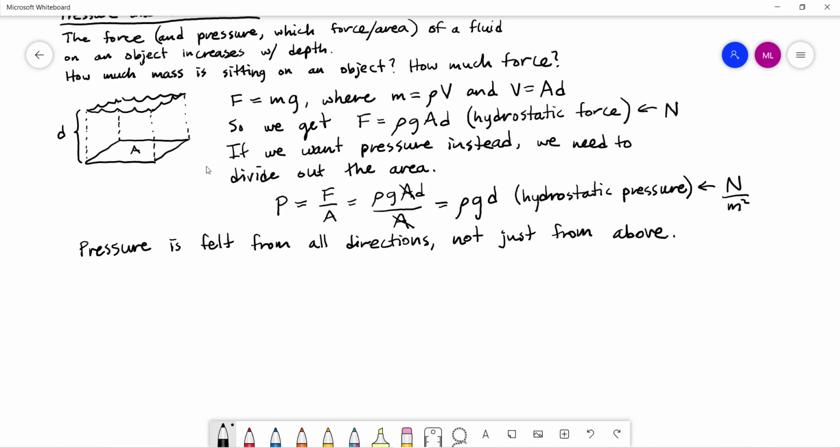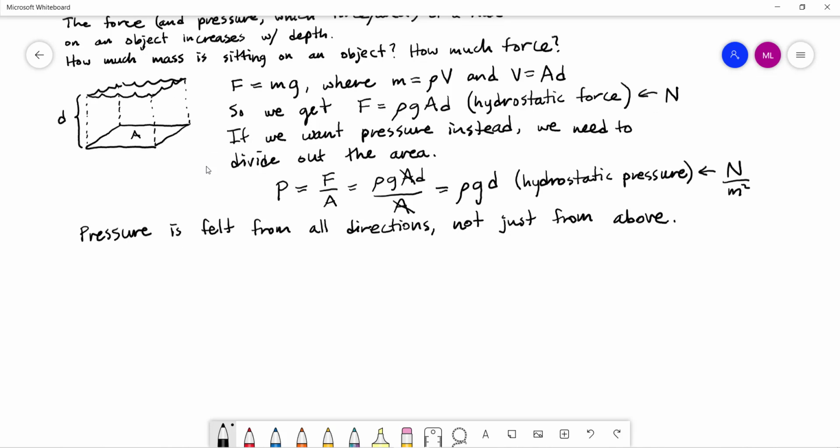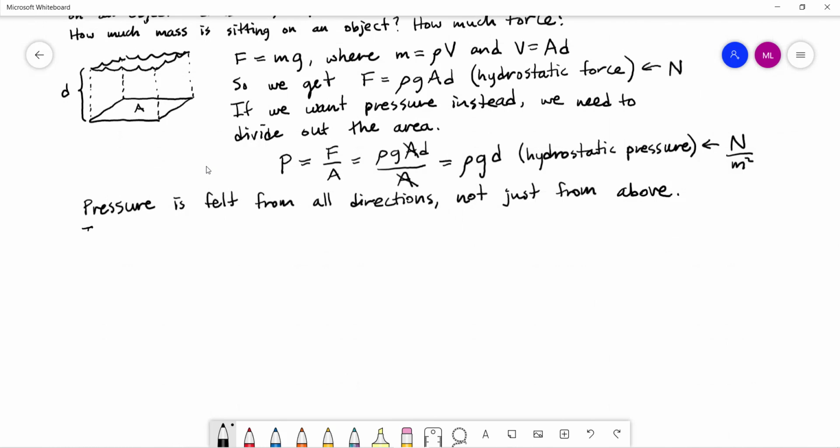So this is the idea. Pressure comes uniformly from all directions. So this means that the pressure in the vertical direction and horizontal direction are the same.